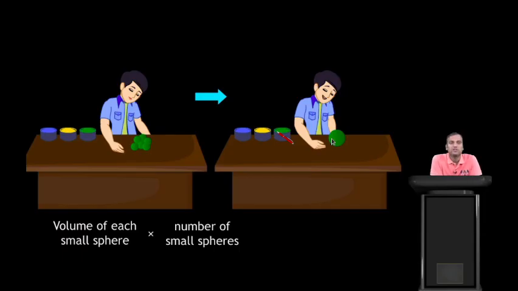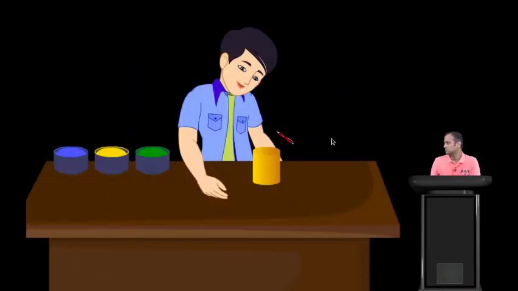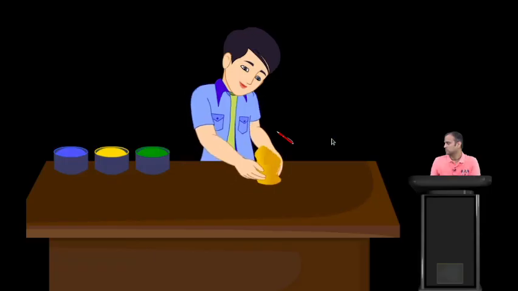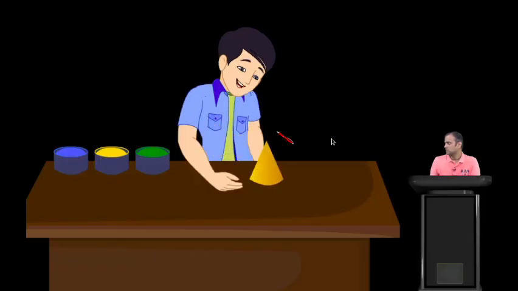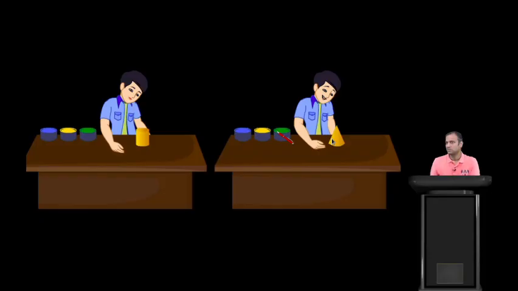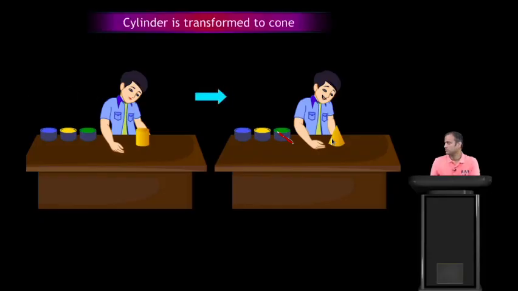We concluded that the volume of each small sphere times the number of small spheres, or we can say the total volume of these small spheres, is equal to the volume of the bigger sphere. Now again he changed the volume of the cylinder into the volume of a cone. So here we can say that the volume of the cylinder is equal to the volume of the cone.